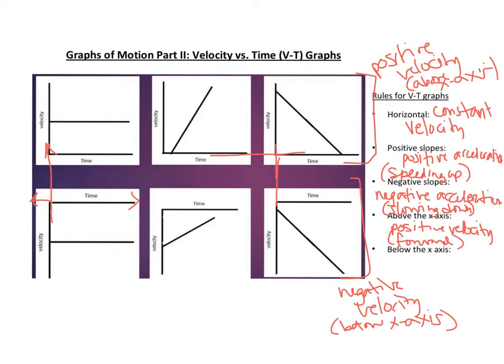If you're below the x-axis, it's a negative velocity. And again, that doesn't mean that you are slowing down necessarily. It just means that you are going in the reverse direction. So be really careful about that.